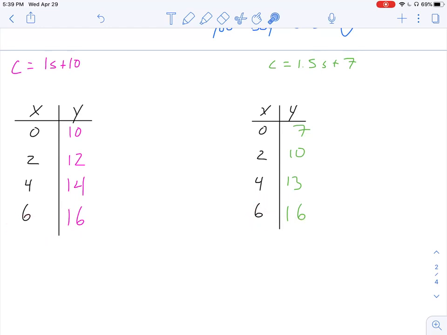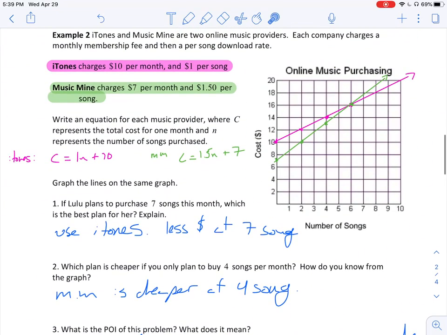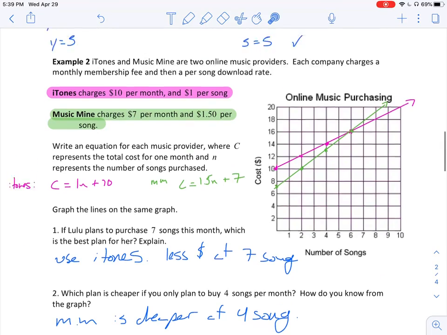Therefore, this is the point of intersection for both of the equations. So when you have 2 equations of a line, wherever they touch is the point of intersection, and we can determine what that is by using calculations from the equations, plugging in values to see how they graph, and then looking at the graph to see where the point of intersection ends up being.